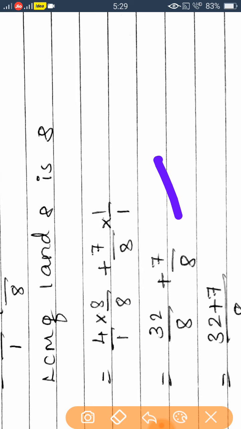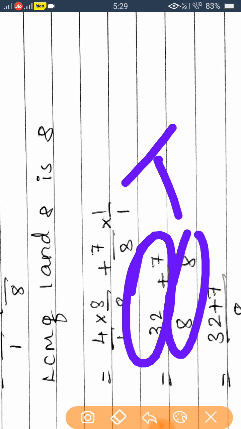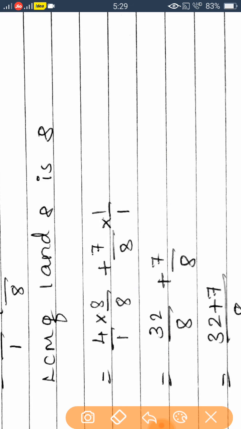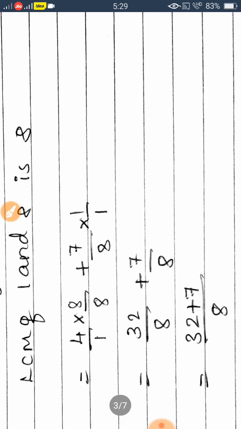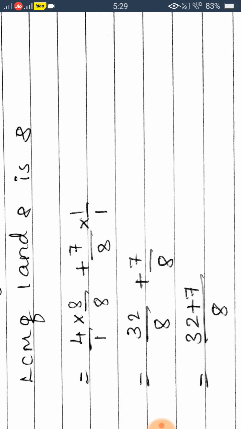That means these become like fractions. If these are like fractions, we can add the numerators directly. Without converting to the same denominator, we cannot add. Once they have the same denominator, we can add the numerators directly. So 32 plus 7 divided by 8. So this is how you can add.